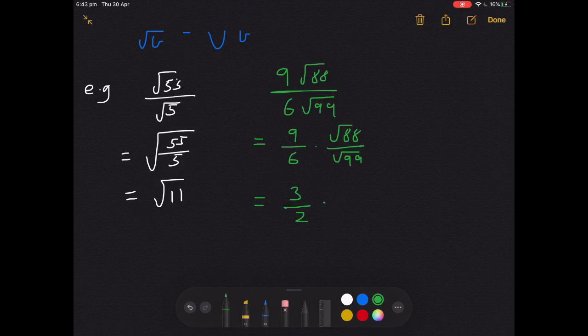And root 88 on root 99, well, we can combine the surd like this. We can simplify on the inside. They're both in the 11 times tables, so I can divide through by 11.